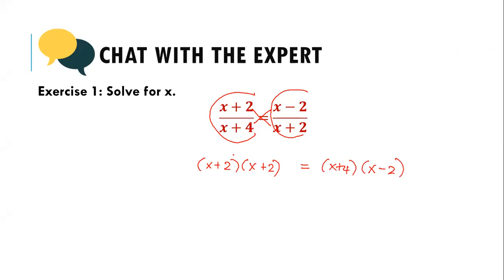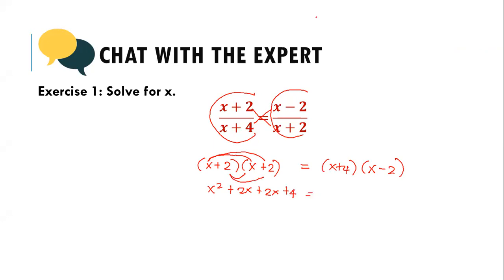On the left-hand side, we have x squared plus 2x plus 2x plus 4.